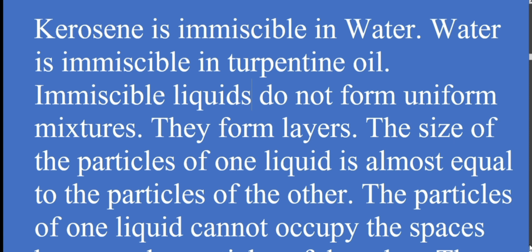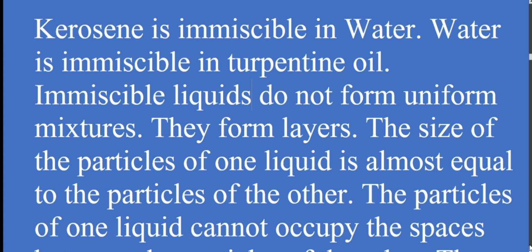Now the particles cannot occupy the spacing between the particles of the other liquid, which leads them to form two layers. Each liquid will have to occupy its own space.